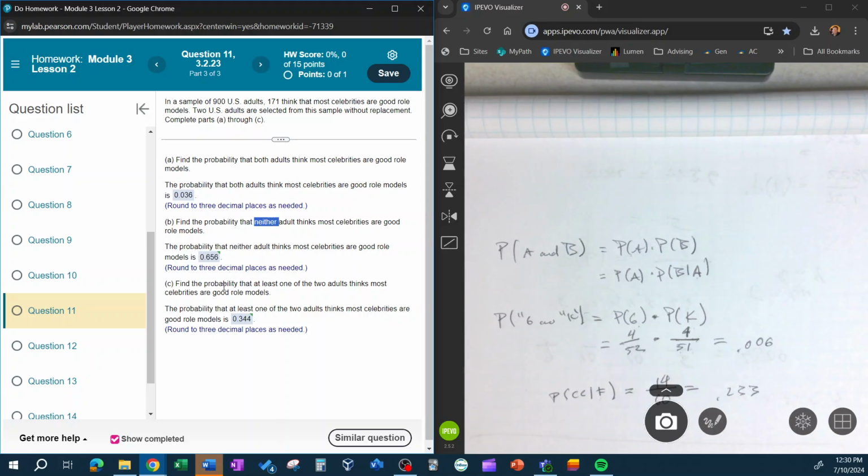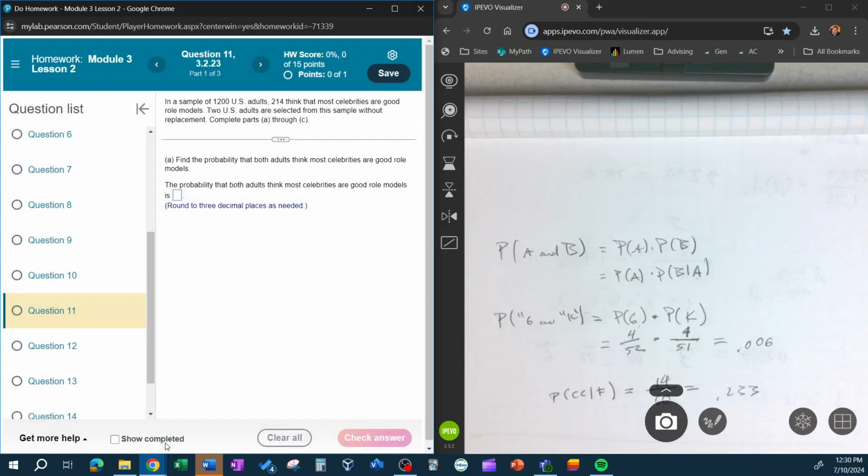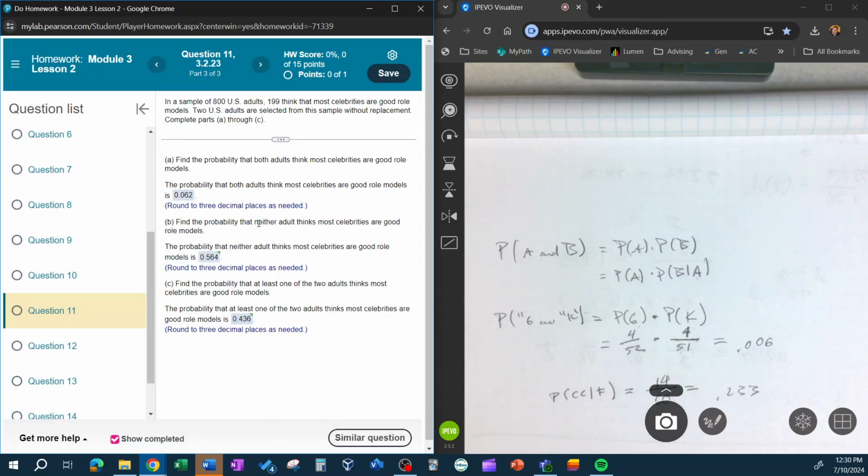And then the third part is that at least one of the events happens. That's the structure of these. You'll see this one at a time here, and the first will be both, the second part will be neither, and the third one will be at least one. So let's go ahead and do this problem right here.